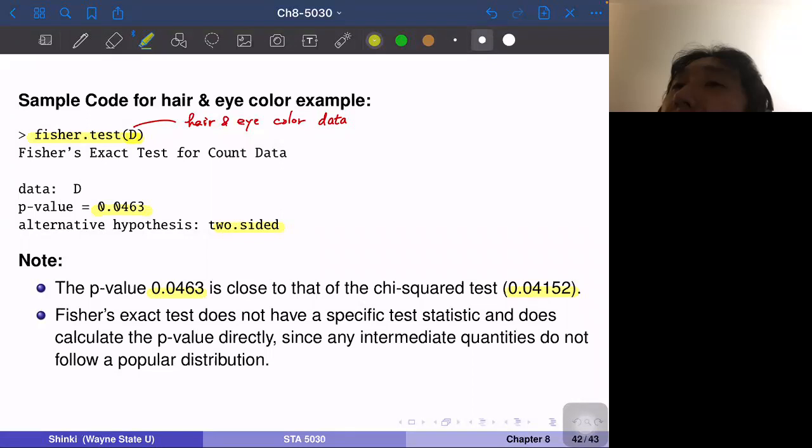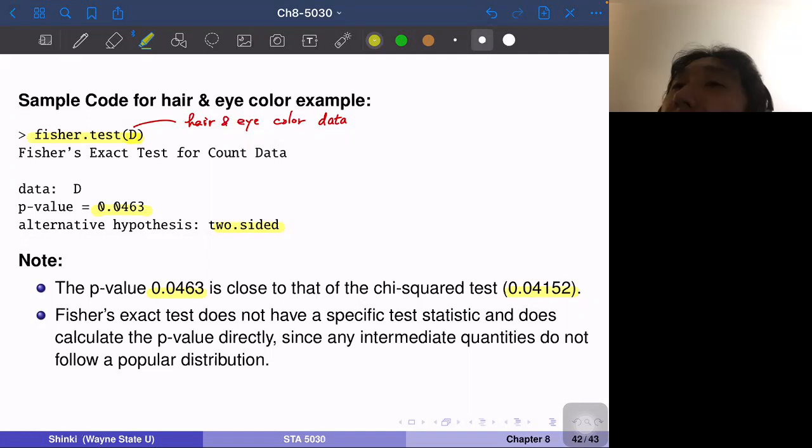And the more important thing is that Fisher's exact test is time consuming, because we calculate the exact probability. You can see from the handwritten example that it takes a lot of time to calculate the probability of that table, and therefore all tables.